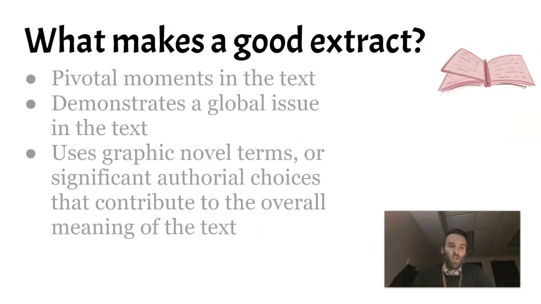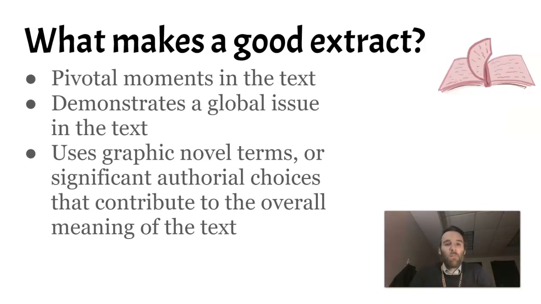So what makes an extract a good one? Well, you need to find pivotal moments in the text: important events, important thoughts, turning points, moments of realization, things that happen that change the course of the text or that really relate to the theme or themes. Another thing you're looking for is a global issue. What is a global issue that's shown in one page of text?